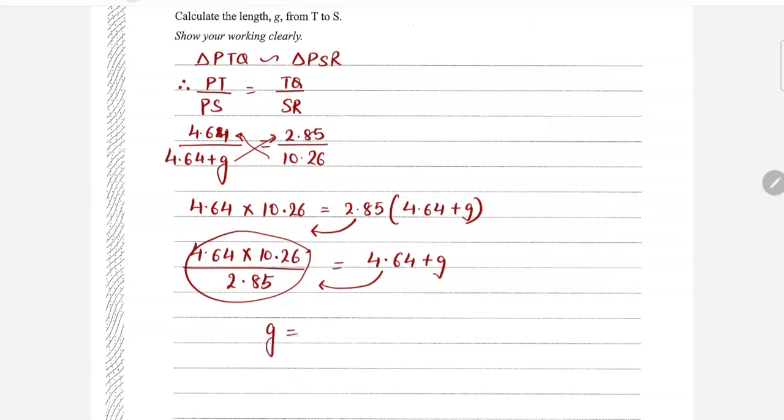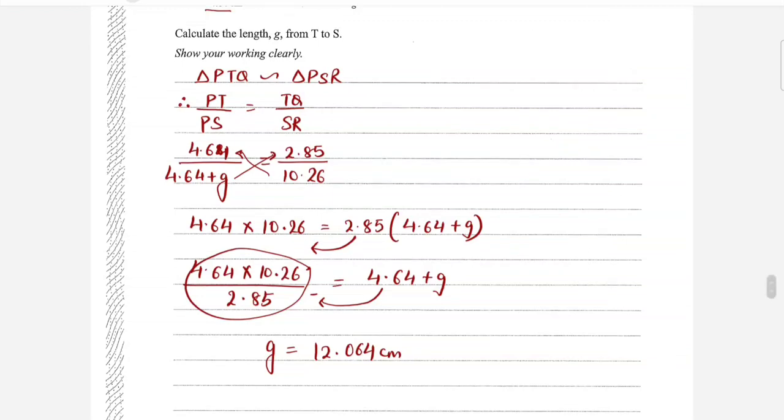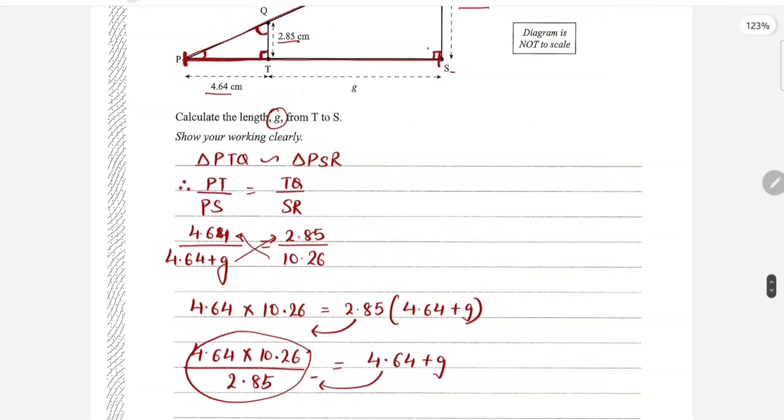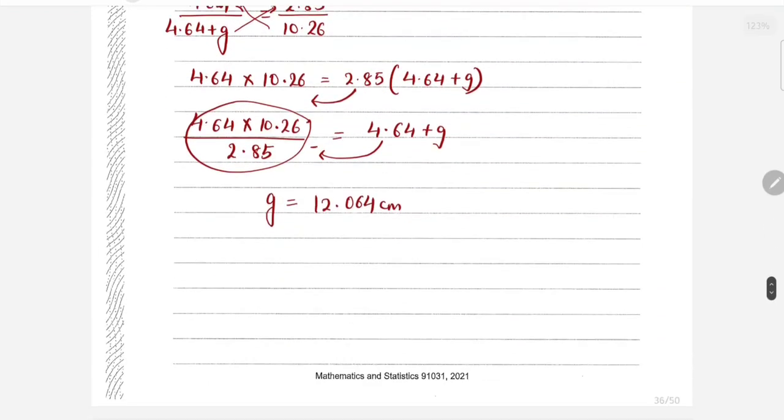That will give you G is equal to 12.064 centimeters. So it's this bracket, take away 4.64 will give you the value of G. Use your calculators and you will be able to do that. All right, that is the length of G they were asking.